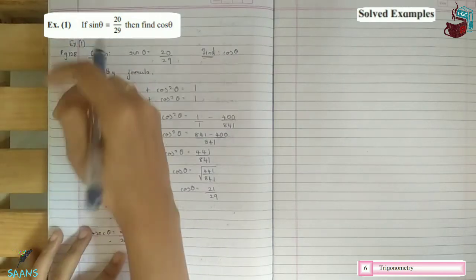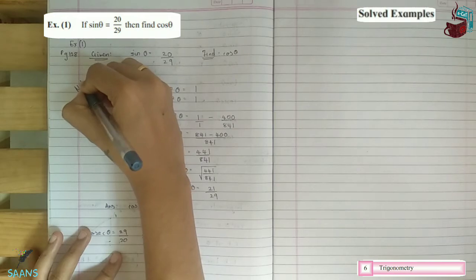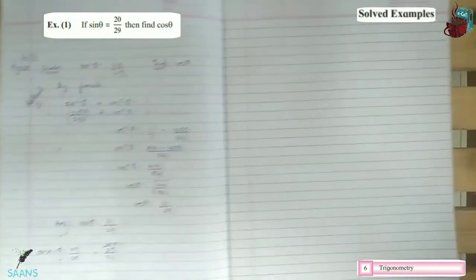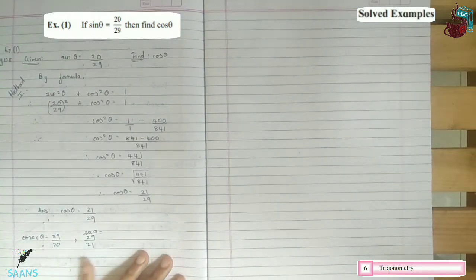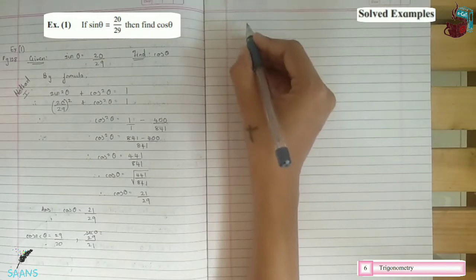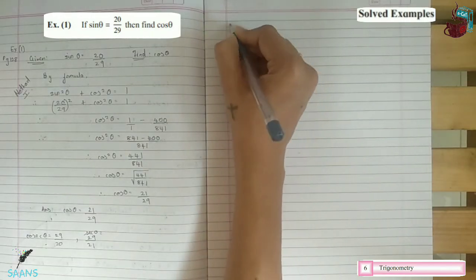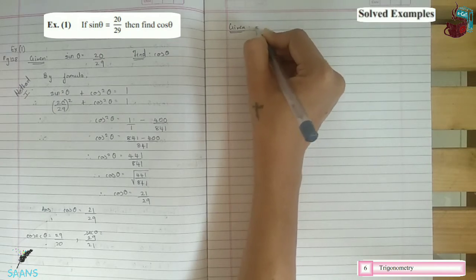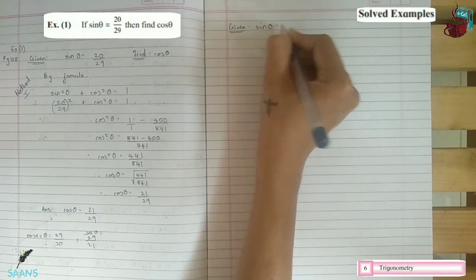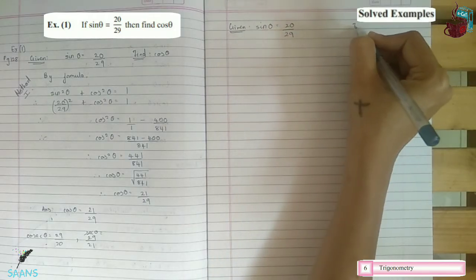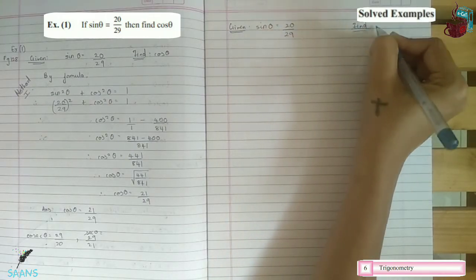So this was method 1. Now we'll do method 2. In this we take a constant k. So we'll say given sine theta is equal to 20 upon 29, find cos theta.